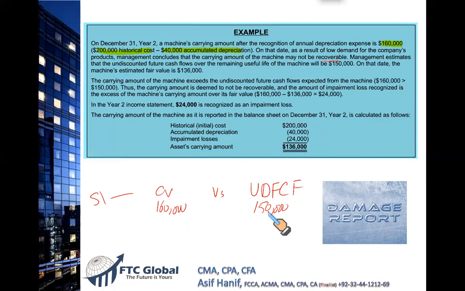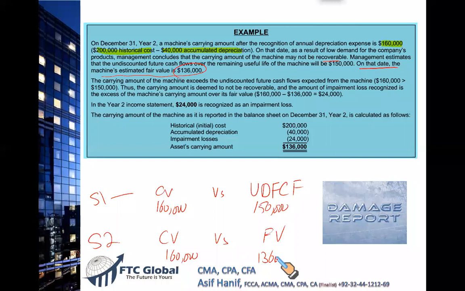That means there is an impairment. And what is the exact impairment? The next step is you compare your carrying value with the fair value, only fair value. It says right here that on that date, the machine's estimated fair value was 136. So comparing this 160 with 136 means that your asset has been impaired by $24,000.